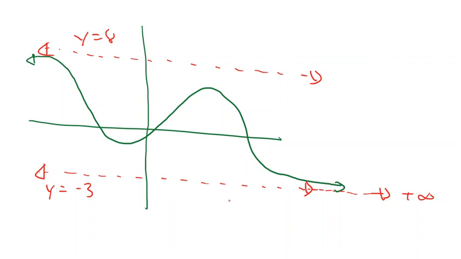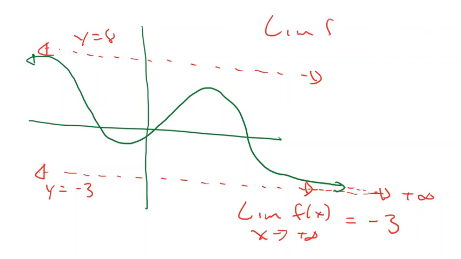So the limit of this function, as x is approaching positive infinity, it looks like this is getting closer and closer and closer to the asymptote of negative 3. And over here, the limit of f of x, as x is approaching negative infinity, it looks like we're approaching the asymptote y equals 8. So the y value is getting closer to 8.